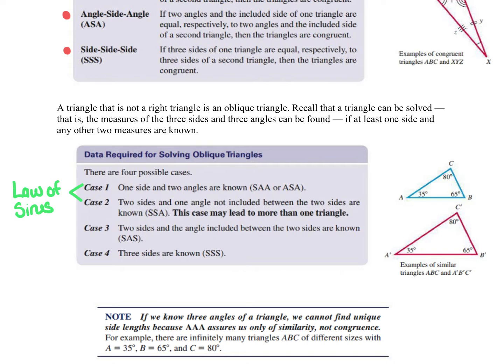Case 3 and case 4 are going to be what we'll learn more about in section 7.3, law of cosines. This doozy right here, the side-side angle, may lead to more than one triangle, which we're going to talk more about in the next section.